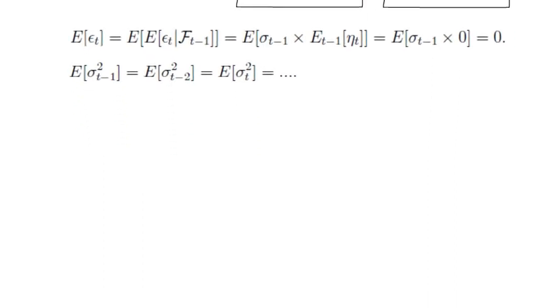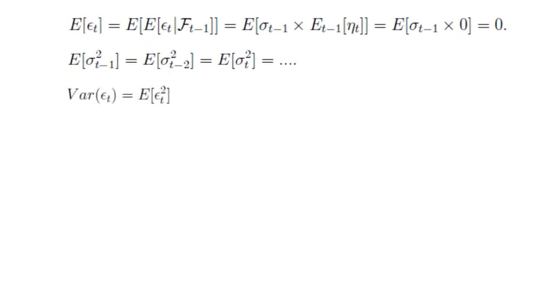So here we write the variance of epsilon t is simply the second moment of epsilon t, because epsilon is a mean zero process. Next we use the law of iterated expectations, and we write epsilon as the product of sigma times eta. And now that's the equation you end up with.